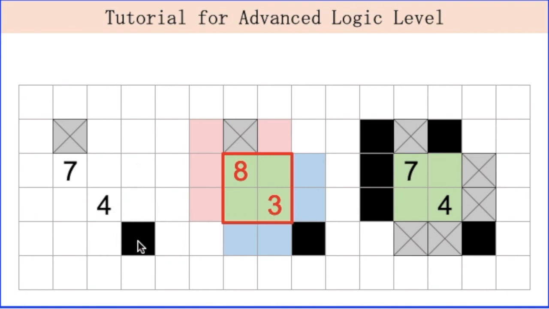Remember, this one you have to subtract from the 4, and this one you add to the 7. So this is actually 8 and 3 now. Then you could color all the empty spaces here with black, and fill in all the empty spaces surrounding the 3 with gray spaces.